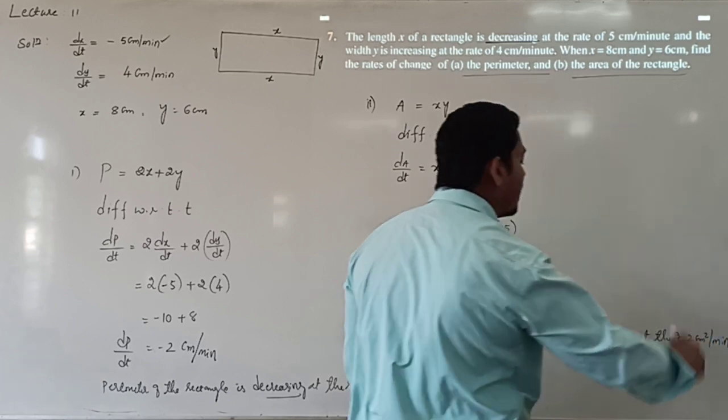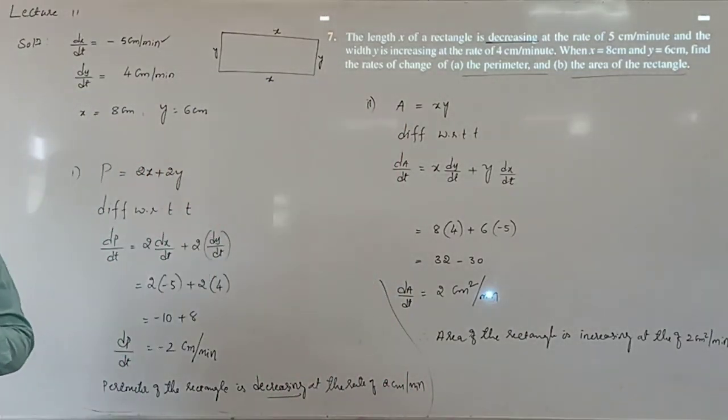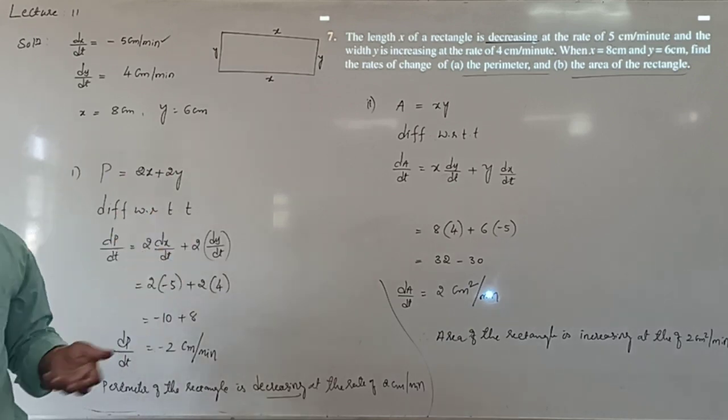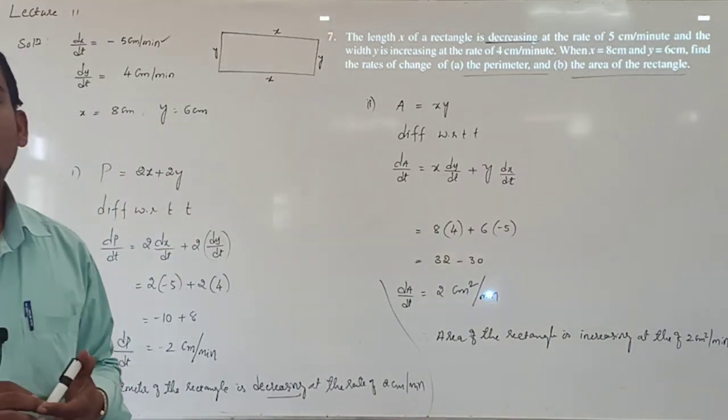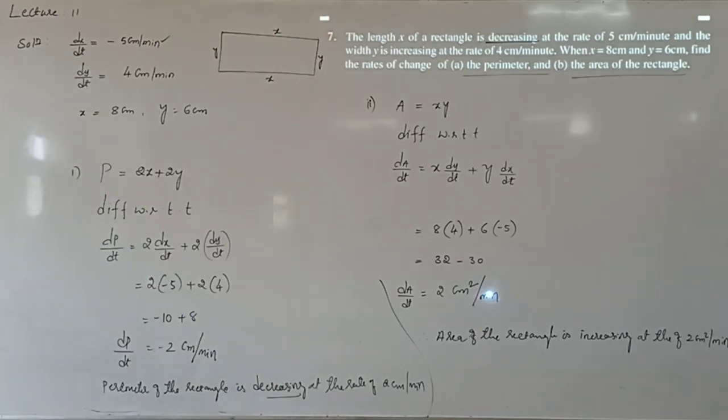This is our required answer. It is one of the very, very important 5 mark questions: rate of change of area of rectangle and perimeter of the rectangle, right? Next question.